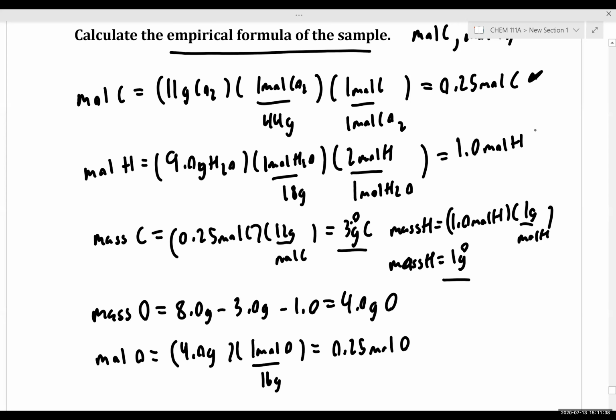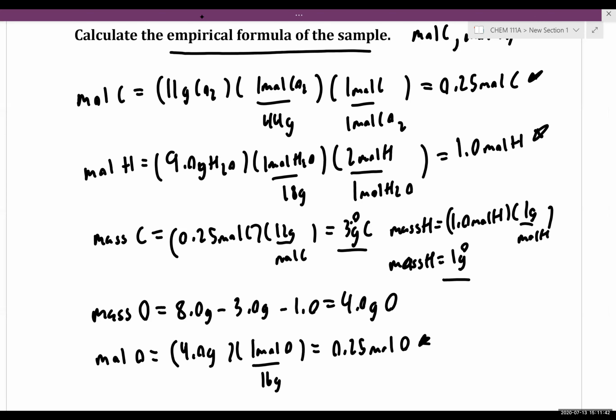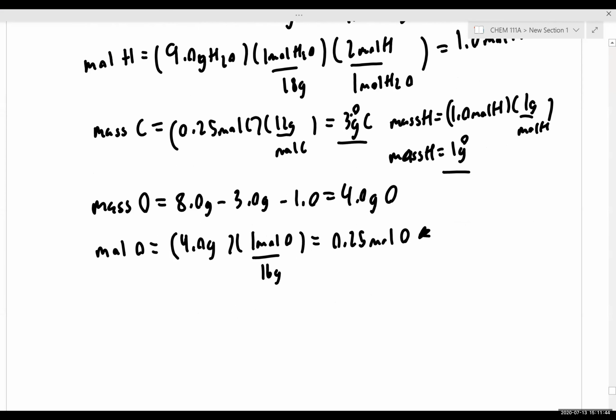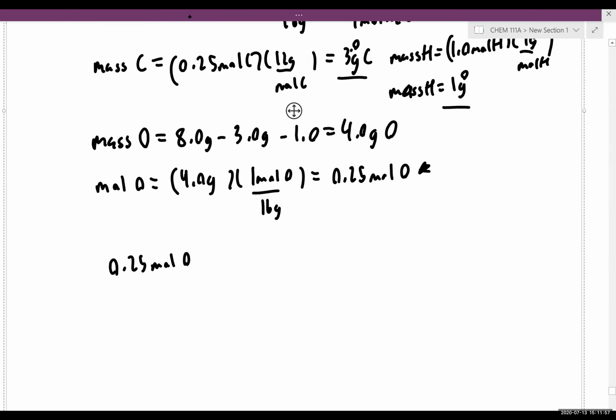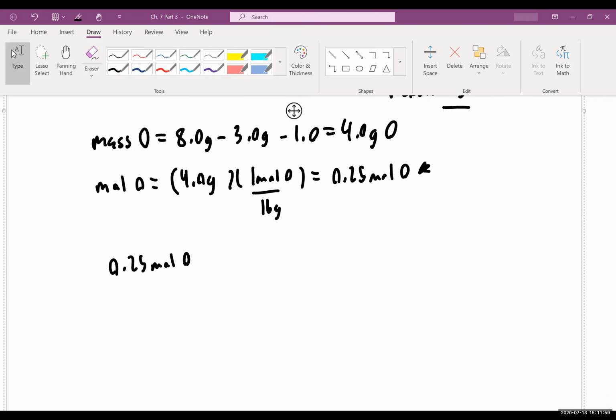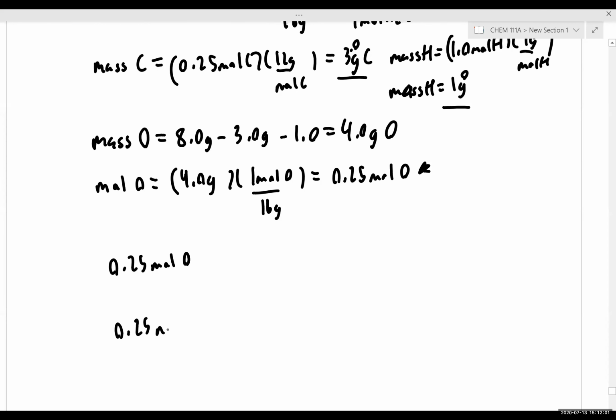Now that we have all of our moles and we've accounted for our total mass, we know that we have 0.25 moles of oxygen, 0.25 moles of carbon, and 1.0 moles of hydrogen.